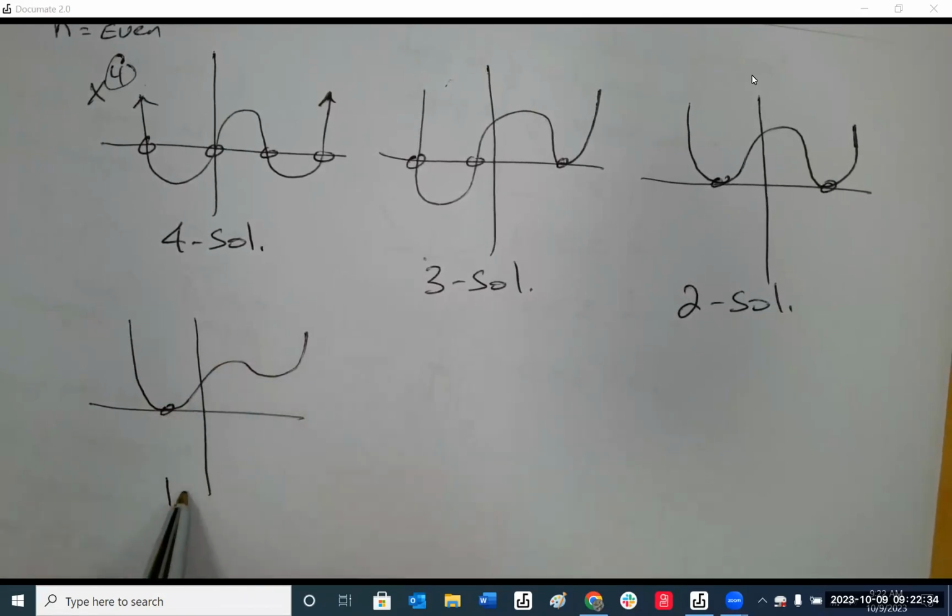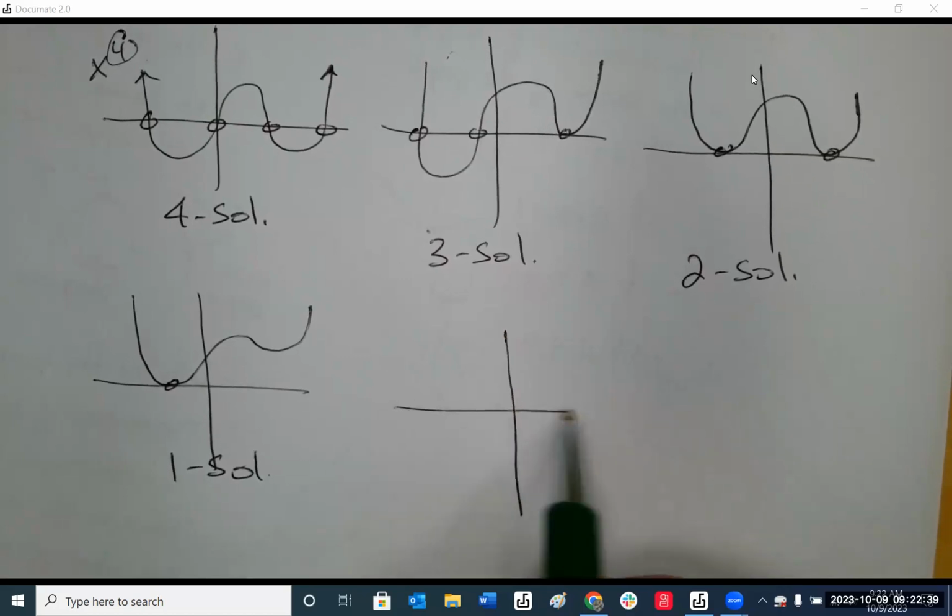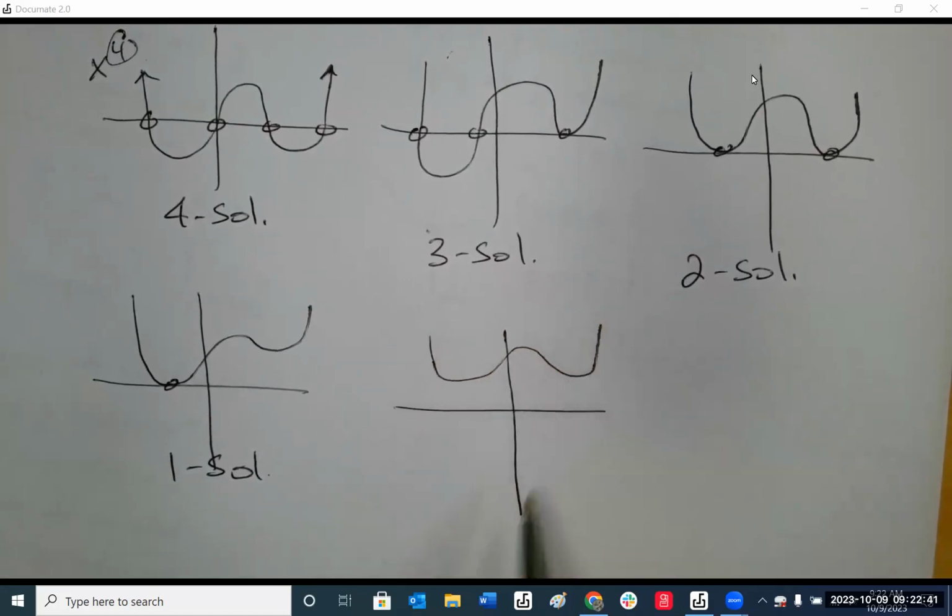We can have 1 solution. Or we can have no real solutions. It is possible to have imaginary solutions.